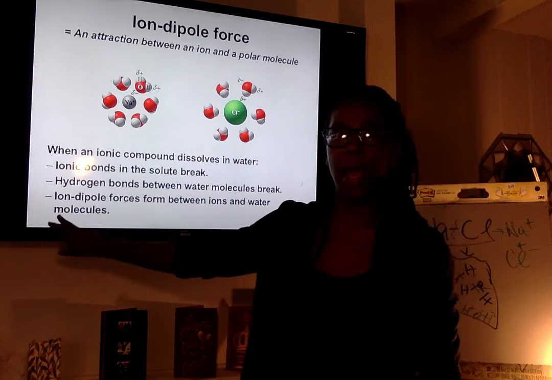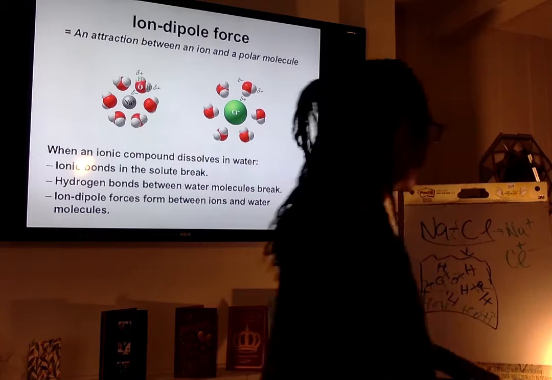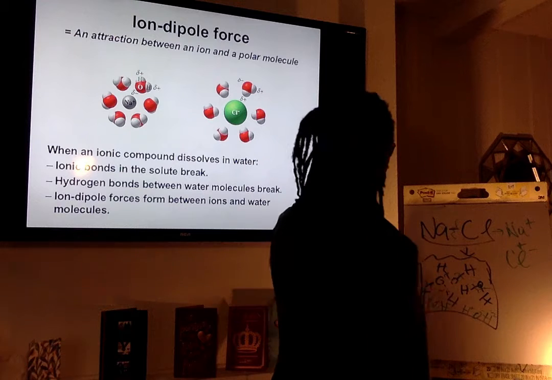And then, once these have separated, you will have an ion-dipole force between the ions and the molecules. So these are our ions, the sodium and chloride, and then these are our molecules.